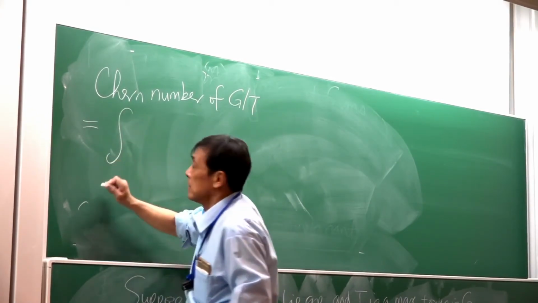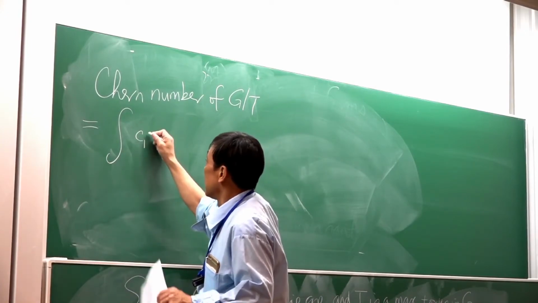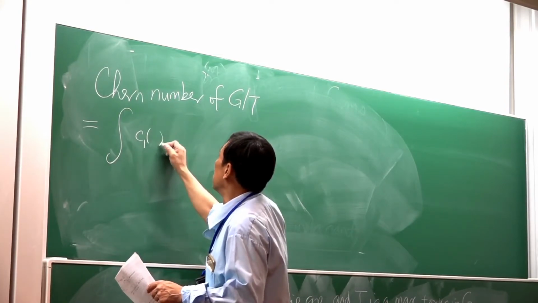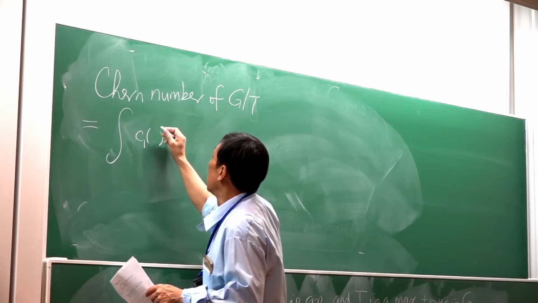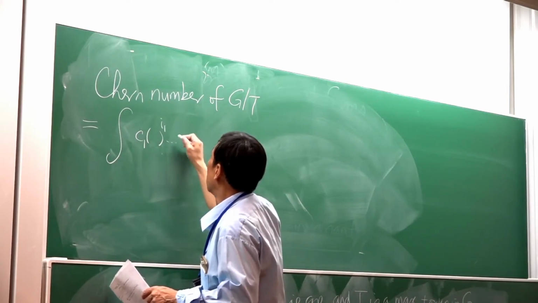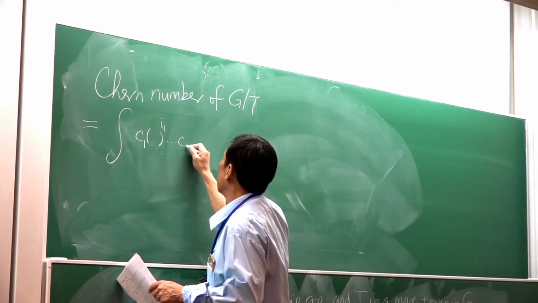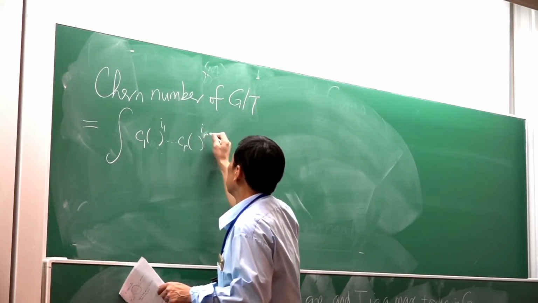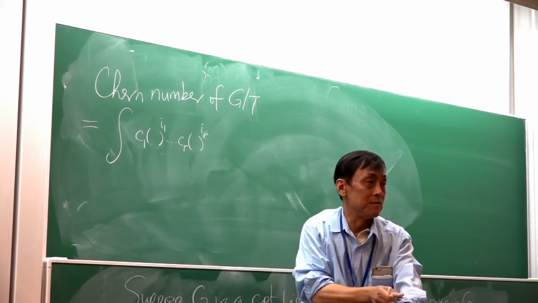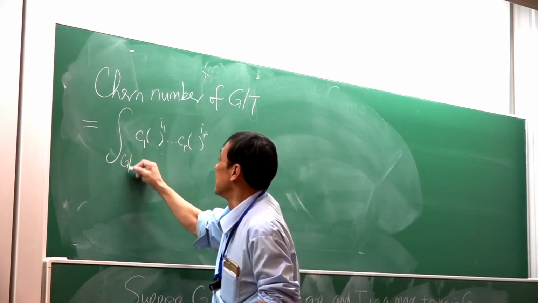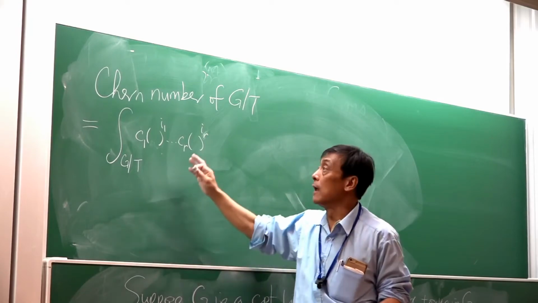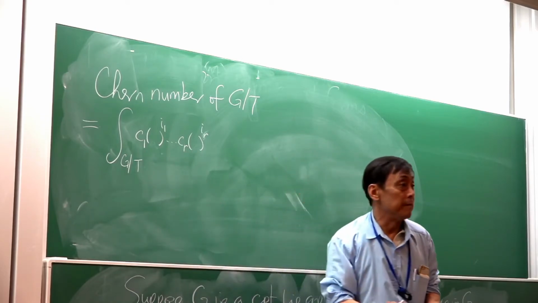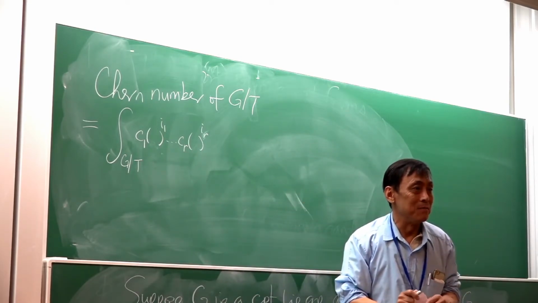Okay, so it's the integral of the Chern classes of the tangent bundle of G over T. And then you get a Chern number if somehow when you multiply these Chern classes together, you get the dimension of the manifold.